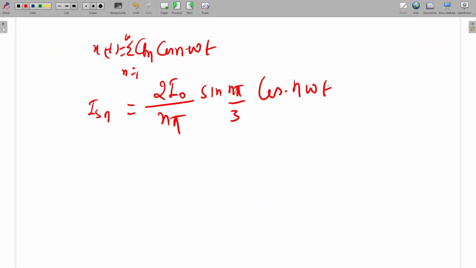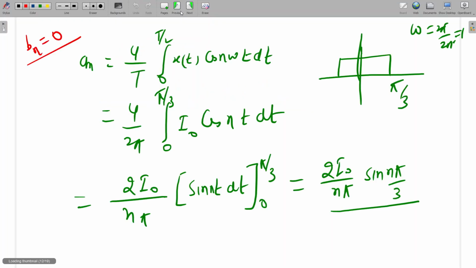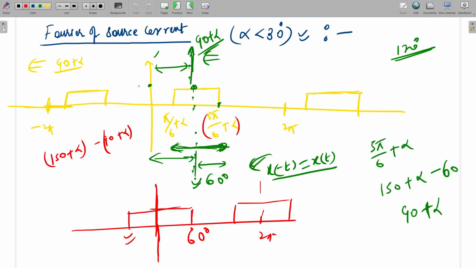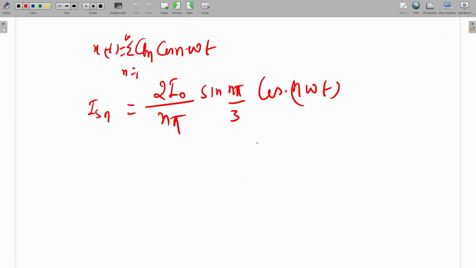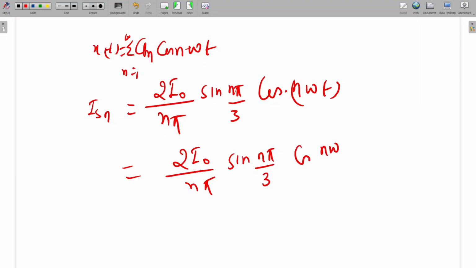But we have to calculate for the shifted waveform. Is it clear up to now? So we have calculated for this one, but we have to write the Fourier series for this one. So what will be the equation? The equation will be 2 I naught upon n pi sin n pi by 3 cos of n omega t minus n pi by 2 minus n alpha.